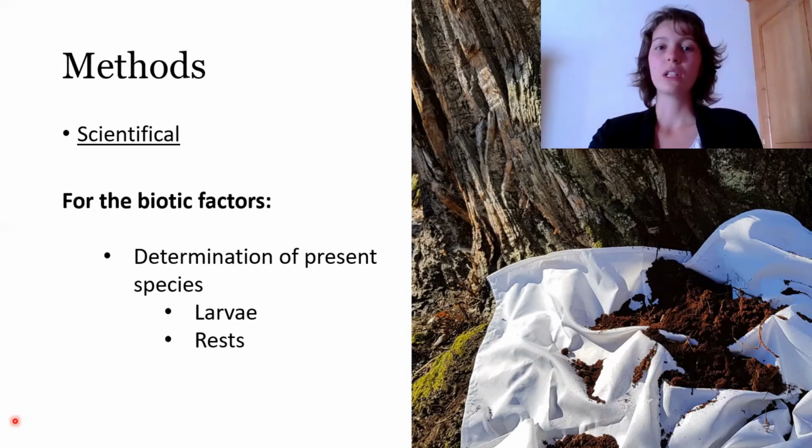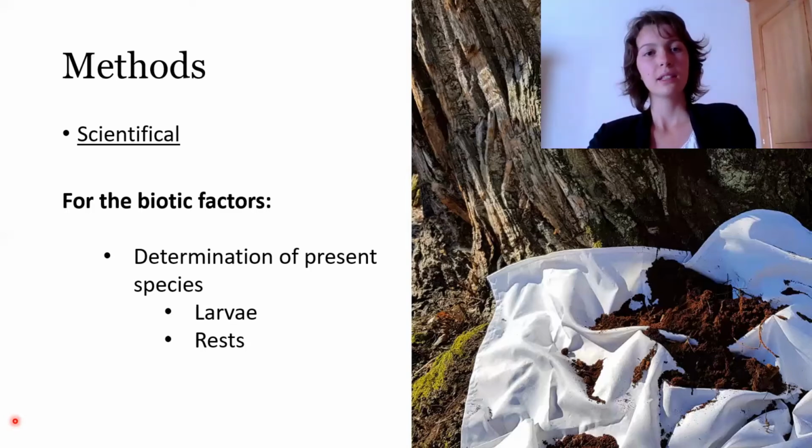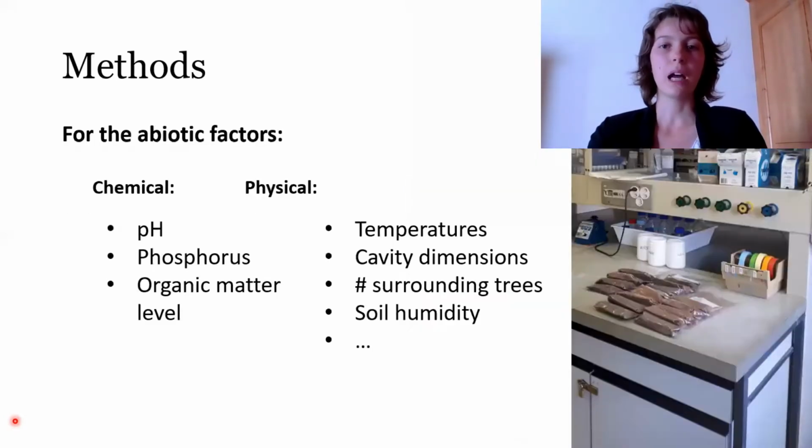These founds allowed a very precise identification of the present species. I did also sample some soil in each cavity and measured many physical parameters related to the rot holes. So let's now see at all these abiotic parameters.